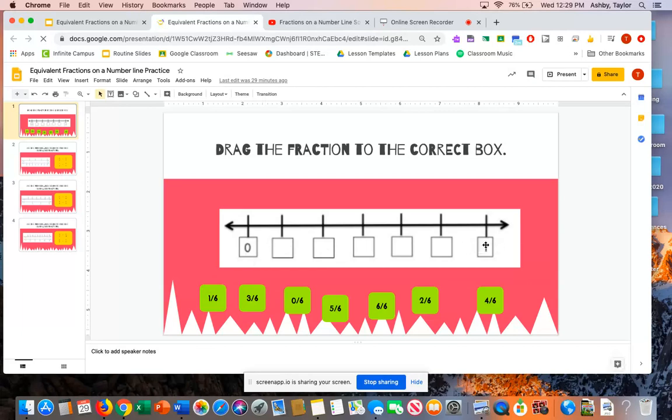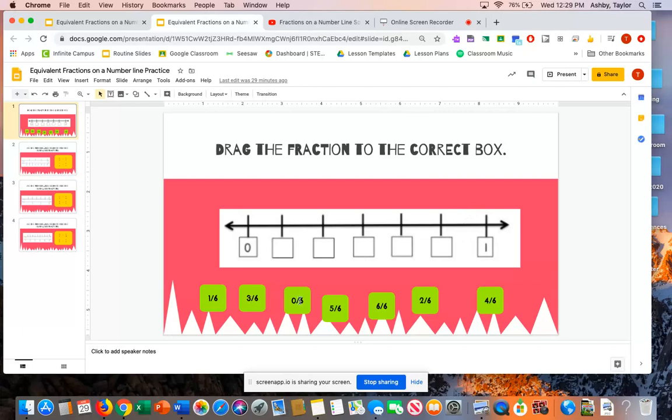What we talked about in our lesson is that a fraction on a number line, we are looking at the number of parts that are created, not the number of lines. So as a mathematician, I would need to count the number of spaces that I have, the number of parts that I have, not the number of lines. This fraction has 1, 2, 3, 4, 5, 6 equal parts.